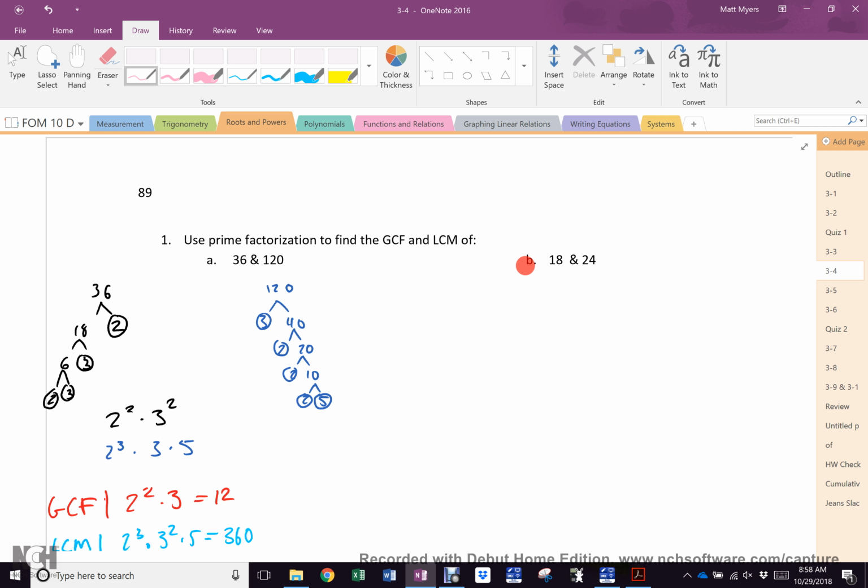How would I do this if there's like a 3 over a 2?